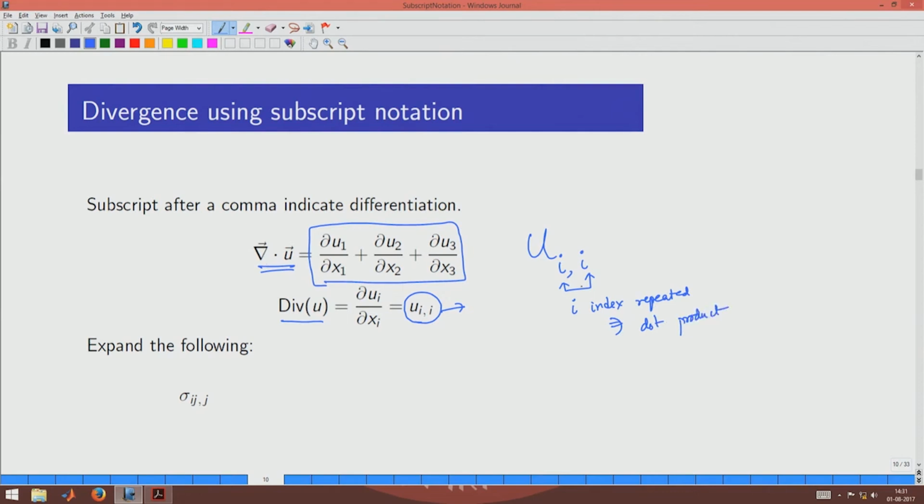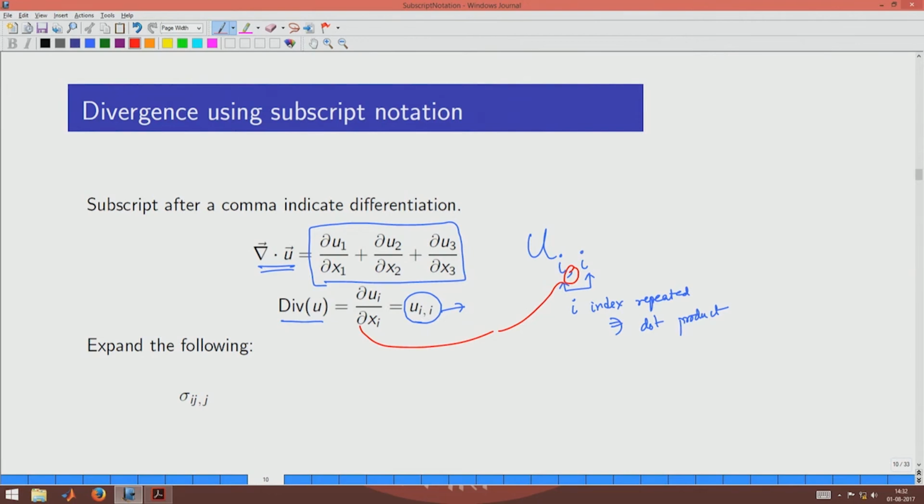That dot is indicated by this because we are going to sum up over the index i, and then this comma implies that we have got a differentiation that we are going to indicate here. So very simply, the repetition of the index and the comma between them indicates the sense that is conveyed by the divergence here.